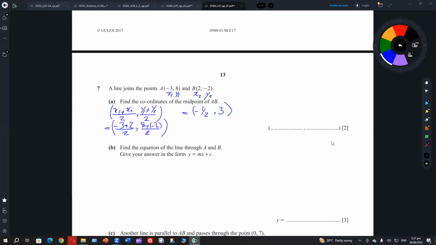Find the equation of the line through A and B. So you have the 2 points. So find the gradient first.